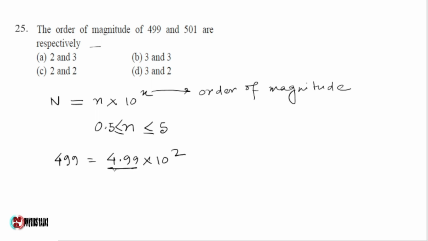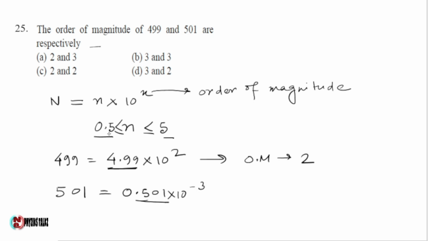So this number lies between 0.5 and 5. So the order of magnitude is 2 here. Now for 501 we have to write 0.501 into 10 to the power 3, so that this number lies between 0.5 to 5. So here the order of magnitude is 3. So the correct option is option A, 2 and 3.